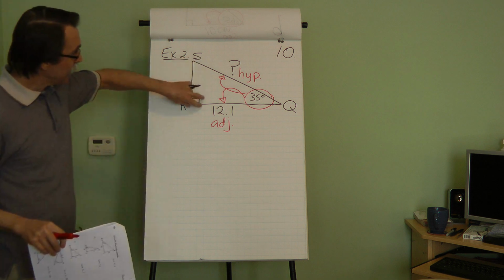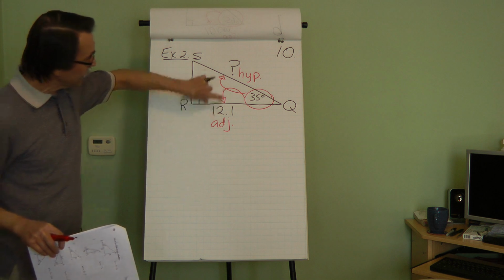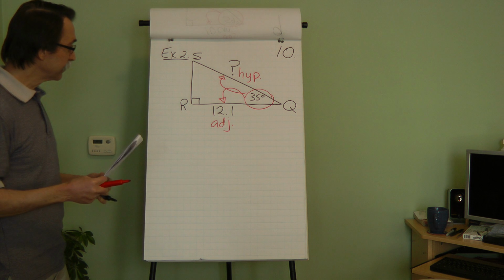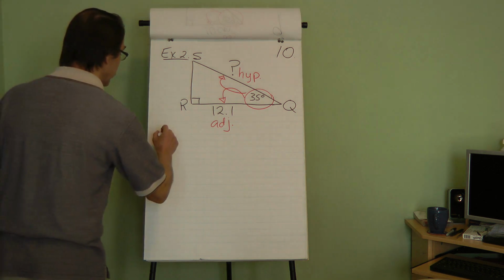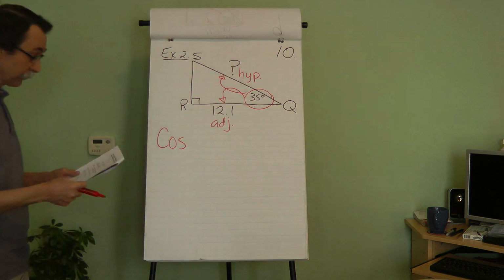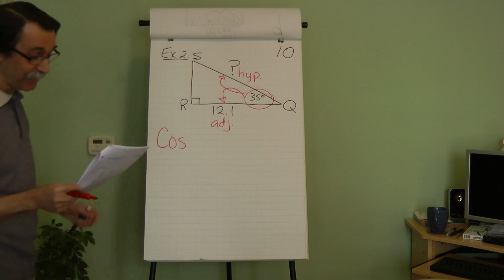So we have a triangle, and we've got information on the adjacent and the hypotenuse. And so adjacent and hypotenuse, they suggest cosine, or cos for short. So we determined the trig function.